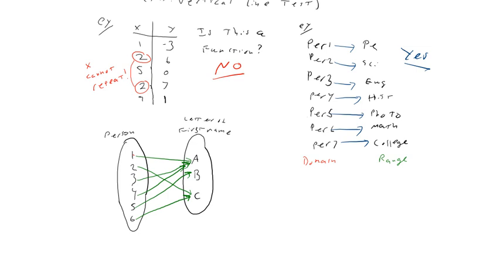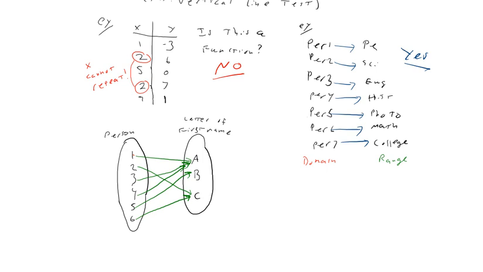So we mapped people to names, inputs to outputs. Some people say yes, some people say no. So for the people saying yes, but we have some repeats, right?